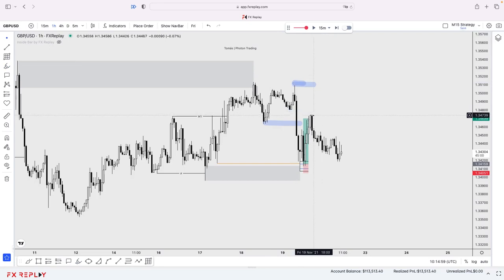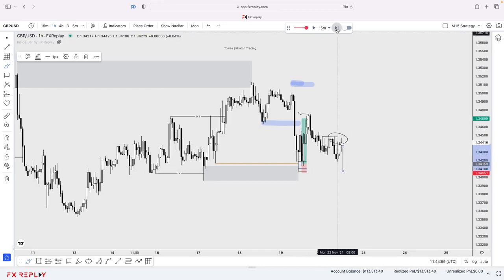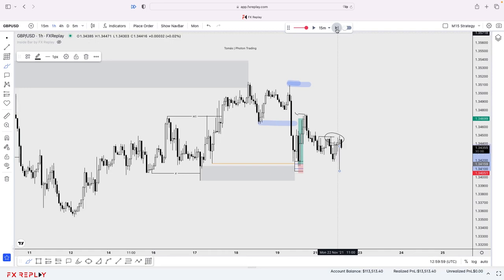So now I can confirm with the H1 change of character, but the change of character is very far away. So I just confirm with internal structure, if you are more aggressive, like I said, you don't need to do it. This is formed through a sweep, so basically this needs to hold if the mitigation is going to continue. Okay, it's still inside this POI, so this can be used as inducement.